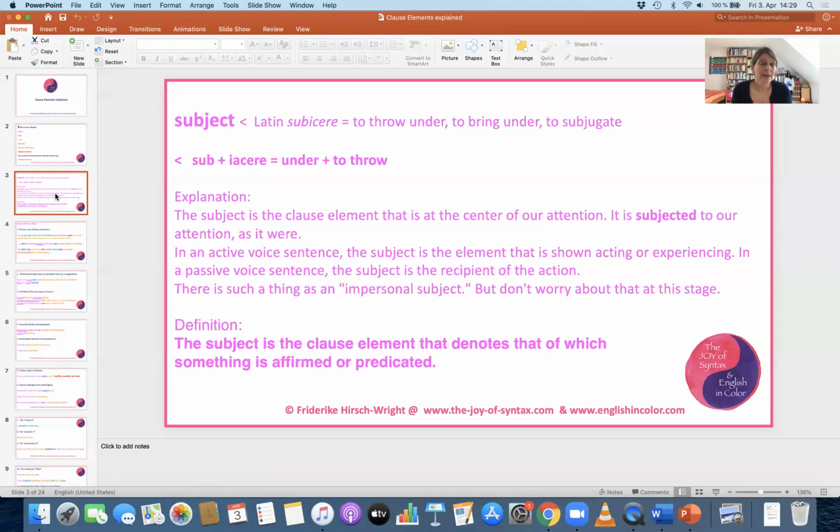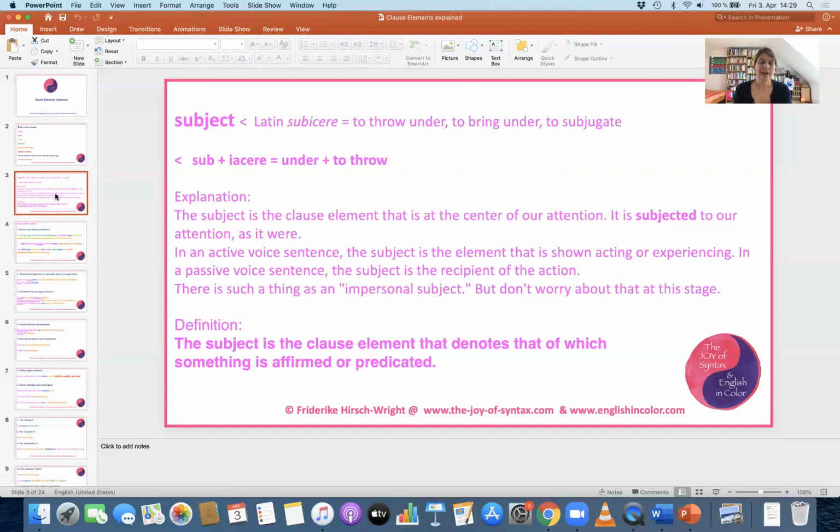And so subjacere means to throw under, and we can say that a subject is the element in a sentence that is subjugated to our attention, is thrown under our attention. So the subject of a sentence is the focal point. It is the element that controls the shape of the verb, and it also controls what kind of predicate pattern the clause will have.